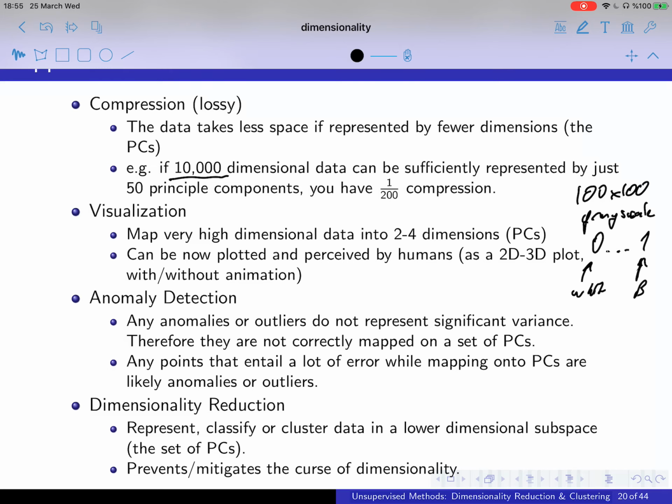Then your little picture of 100 by 100 is essentially 10,000 numbers, right? 10,000 dimensions.